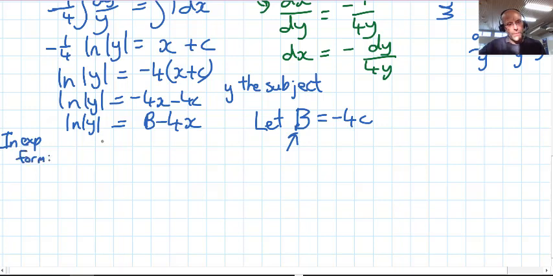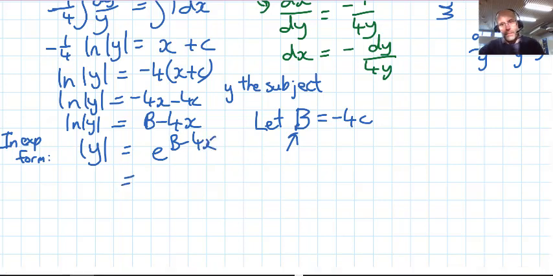So that would be y equals e to the B minus 4x. And look, we have a third constant, e to the B. That's just a constant, so let e to the B equal some other unused letter, capital A.